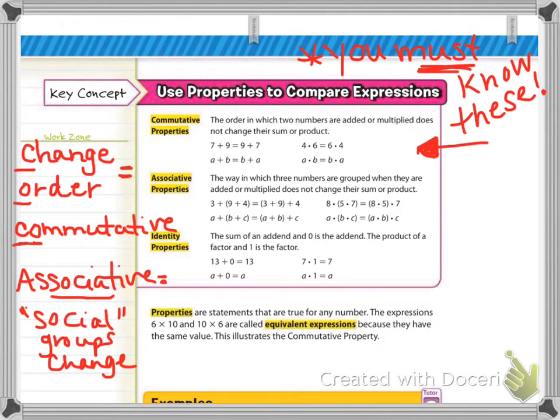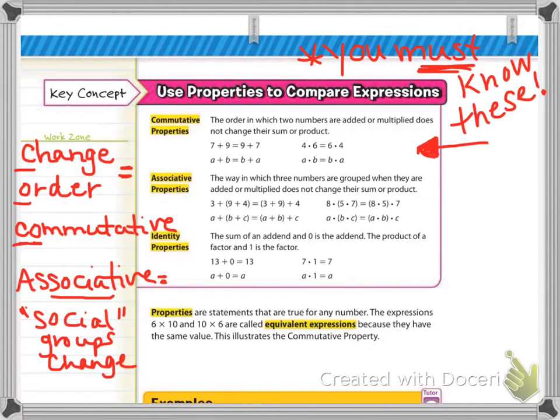Also, lesson 6.5, knowing the properties, is important. You are expected to know the commutative property, which we talked about is changing the order, CO, just like the first two letters in commutative.